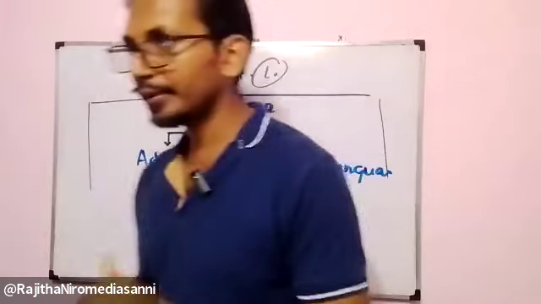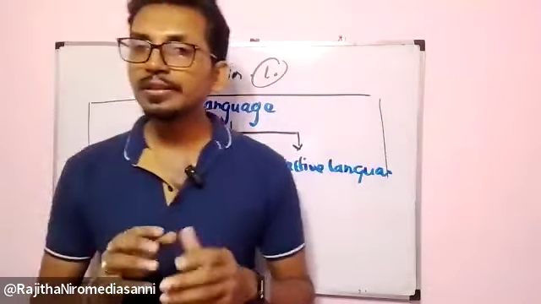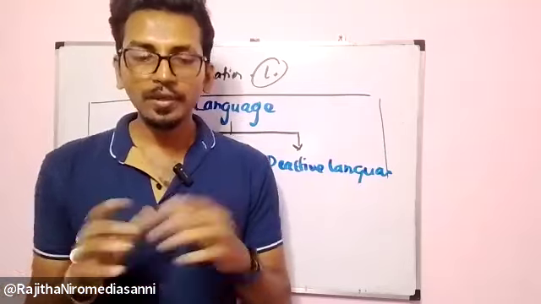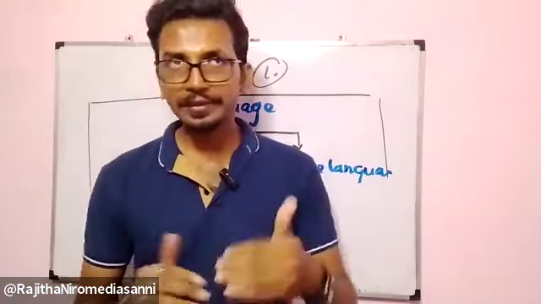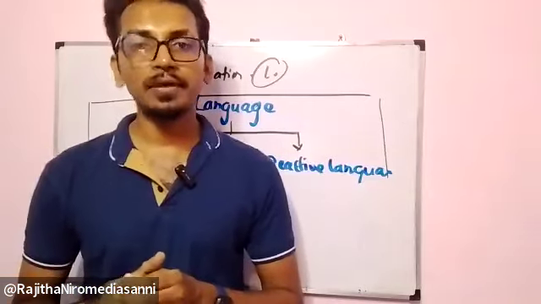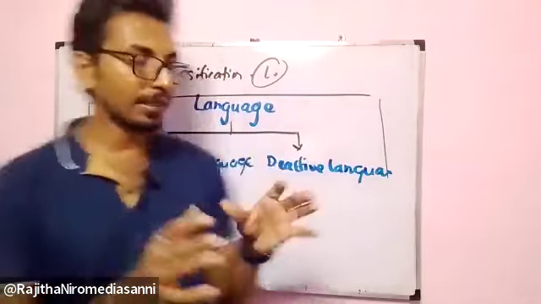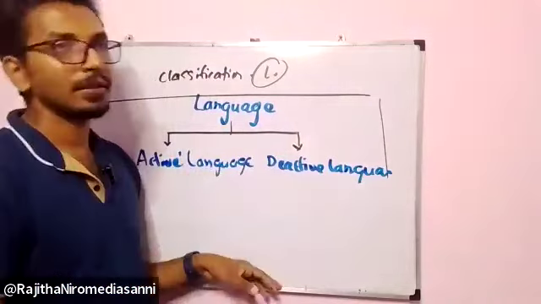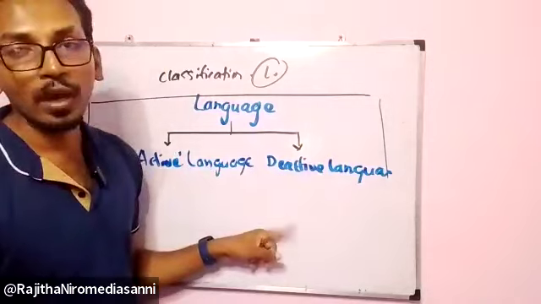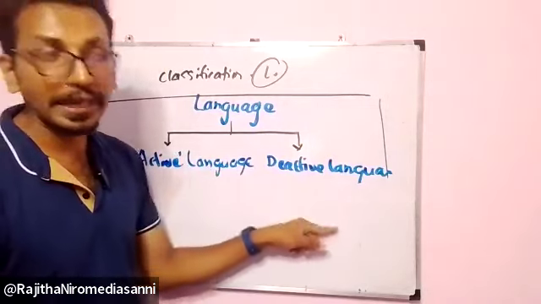After the examples, you can get confused about that. Only one language idea is there. How is it actually possible? But firstly we can develop the idea about the characteristics, then we can discuss the examples. At that time I will explain why this language comes under active.